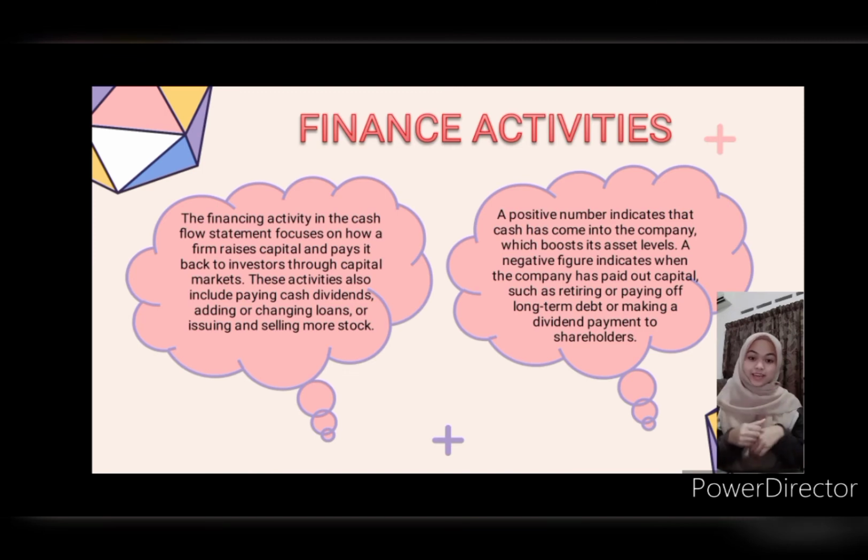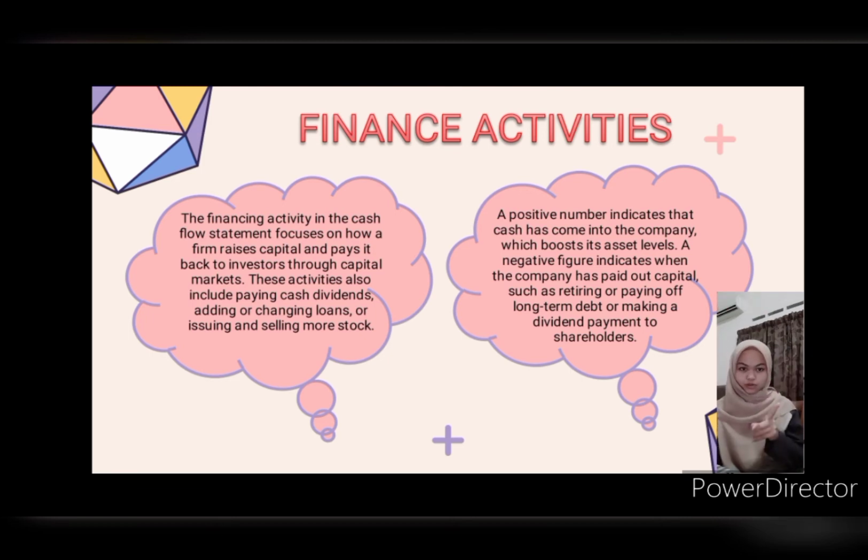Hello, today I want to explain to you about cash flow from financing activities. The financing activity in the cash flow statement focuses on how a firm raises capital and pays it back to investors through capital markets. This activity also includes paying cash dividend, adding or changing loan, or issuing and selling more stock.